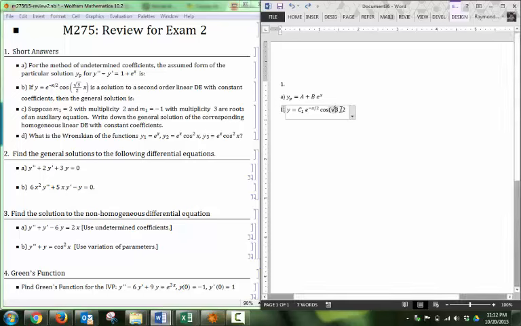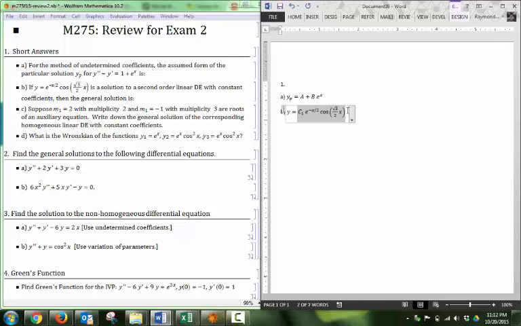Let's get this formatting correct. Okay, square root of 3 over 2 times x. So this is one solution.